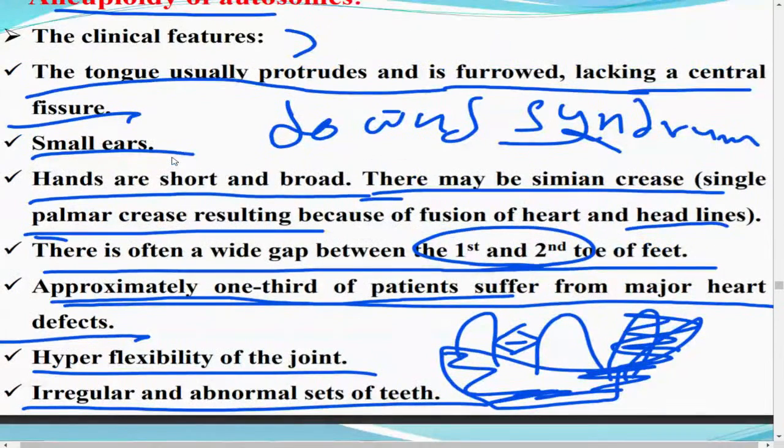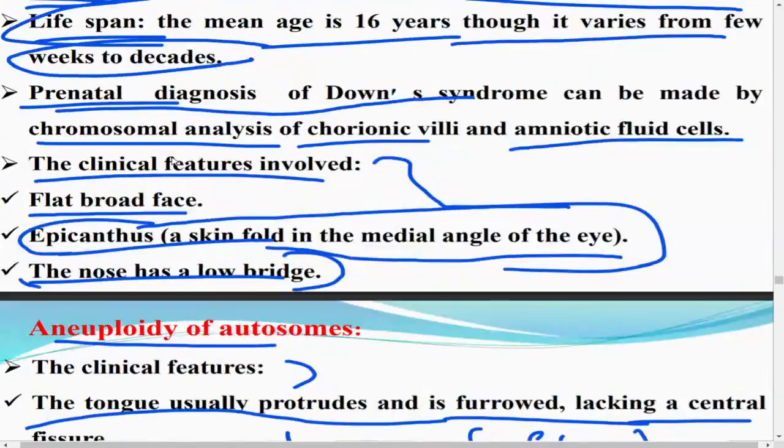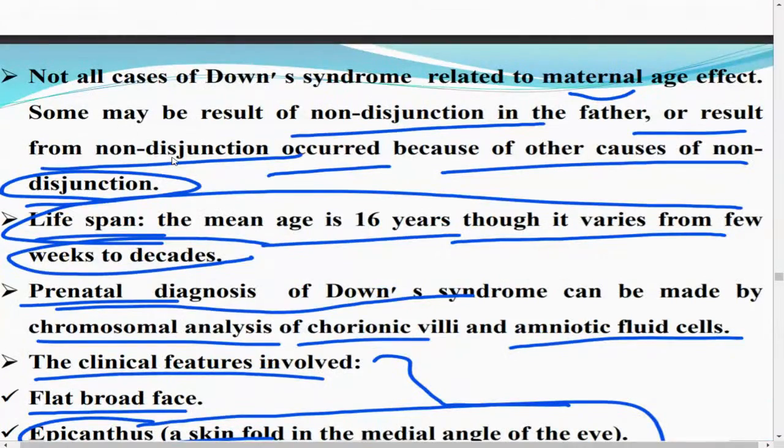Having a sense of it, there's the Down syndrome, whatever it's called. Another autosome is the Down syndrome.